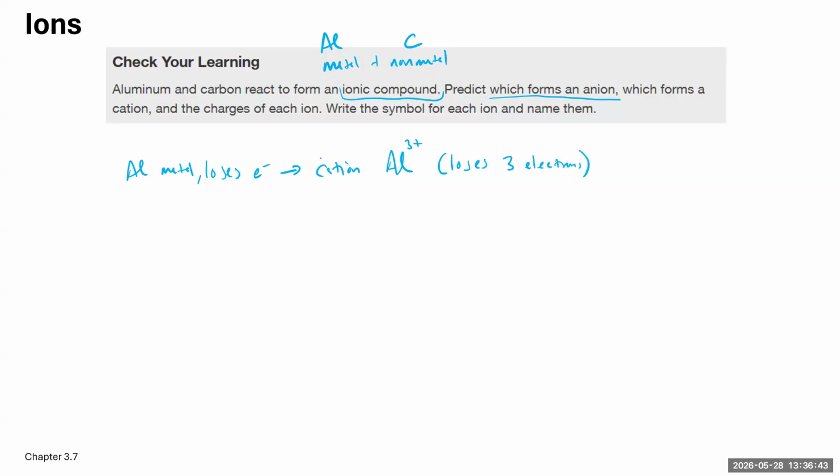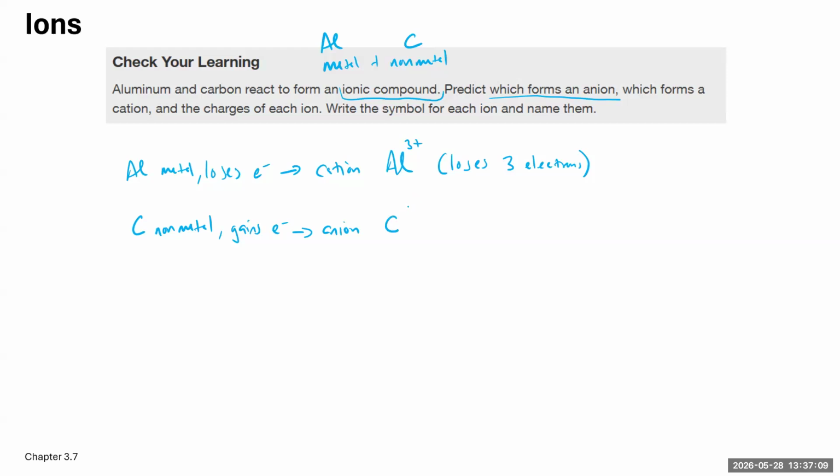All right, so then we're going to find carbon. In this case, it's a non-metal. It gains electrons. So this is the anion, right? And this would be carbon.